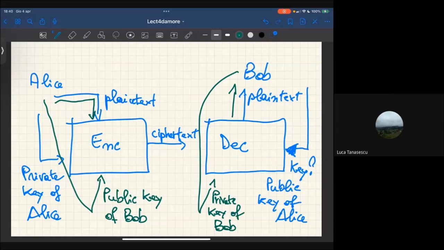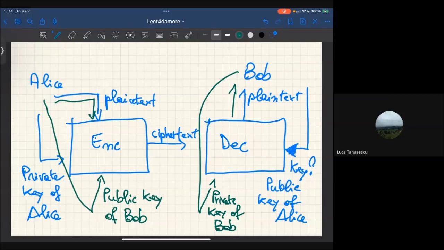Question: who can do that? Everybody can do what Alice is doing. Everybody, because everybody can know the public key of Bob. So for doing this operation of encryption, everybody can do the encryption because only the public key of Bob is needed. And the result of this operation is a ciphertext again.